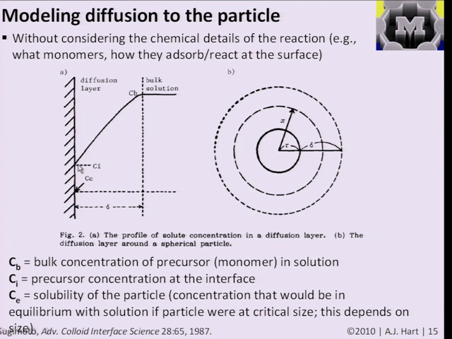It would not be growing or shrinking. So essentially it is the concentration dictated by the critical size of the particle itself. And we'll see under different regimes what the relative values of these concentrations are. And we're going to start from the first principle of diffusion and develop this growth model.